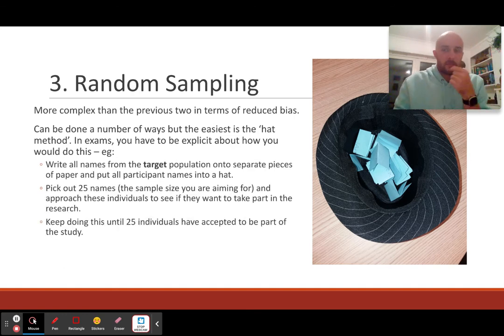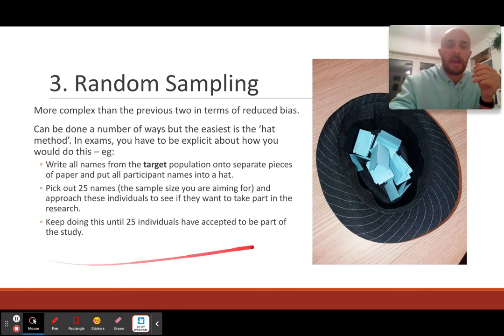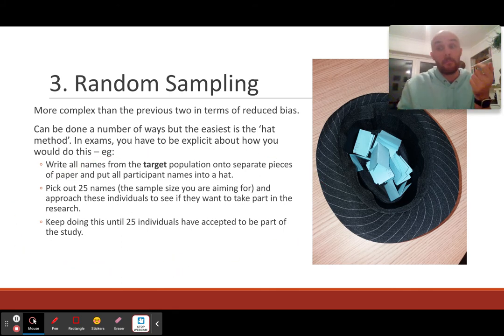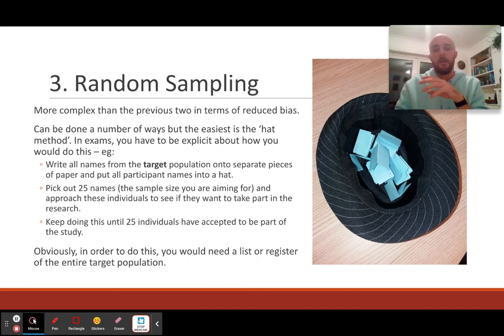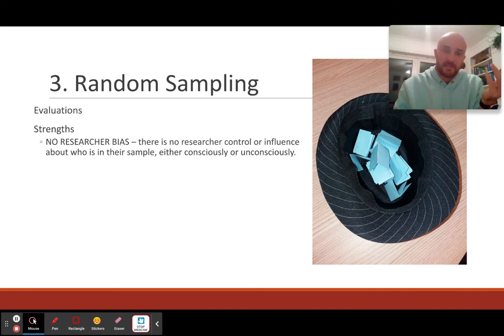What I would say about this, by the way, is this is a very, very common question. It comes up in most exams about how would you do this. It's, in my opinion, one of the most common questions that comes up. Now, the good thing about this is that there's no researcher bias. The researcher is not consciously or unconsciously influencing who is going in the sample.